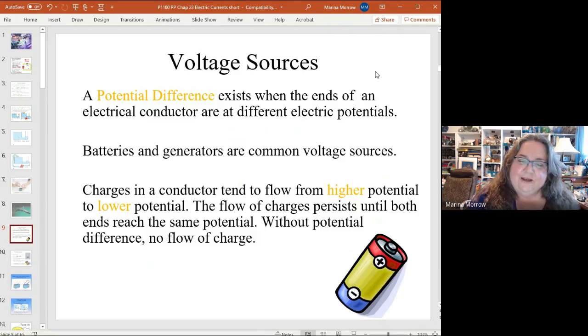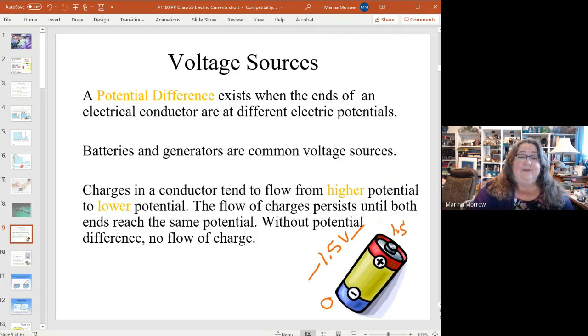So usually if we have a 1.5 volt battery, then usually we think of one end as being at 0 and the other end being at 1.5. But it doesn't have to be that way. We can stack batteries also so that we could have one end at 2 or something, and the other end would now be 3.5, because the battery always maintains a difference of 1.5 volts.